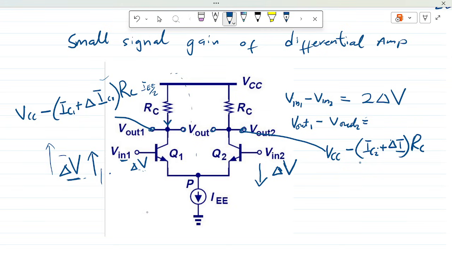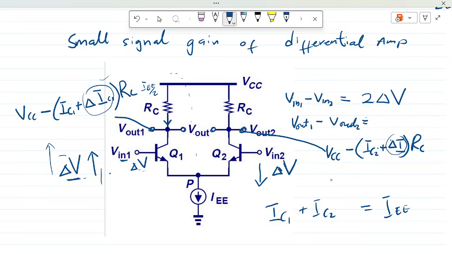Now, the first thing we should notice is that IC1 plus IC2 is still equal to IEE.